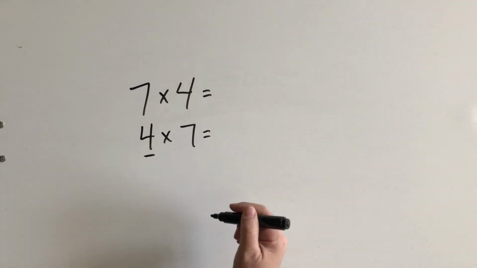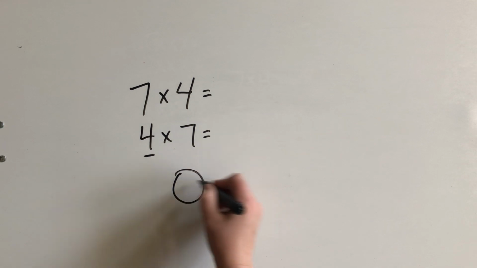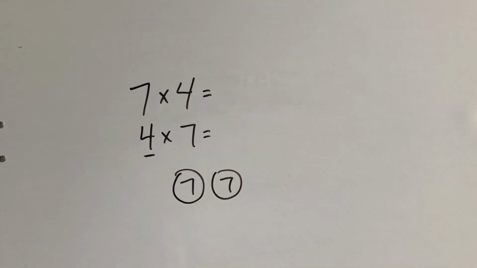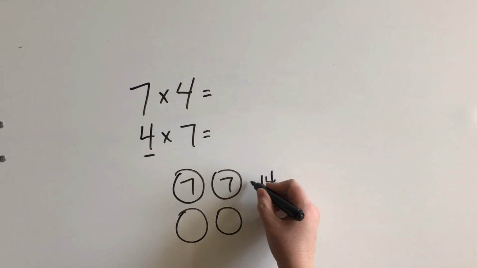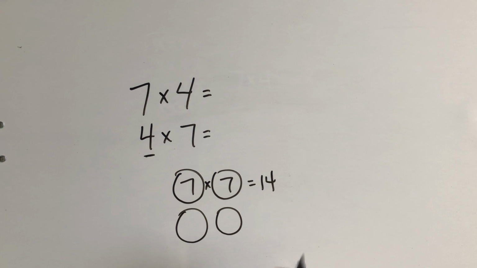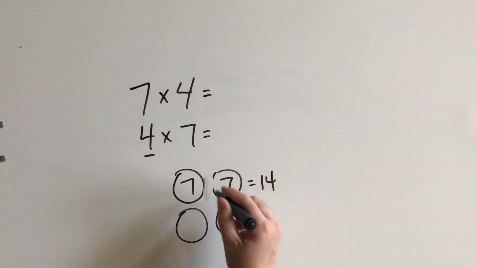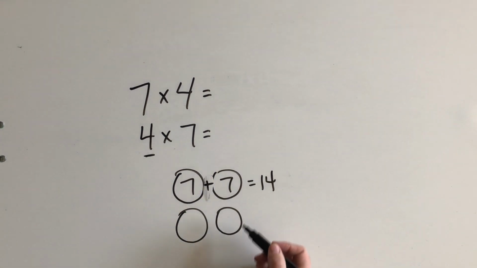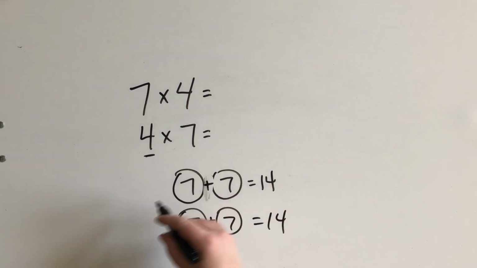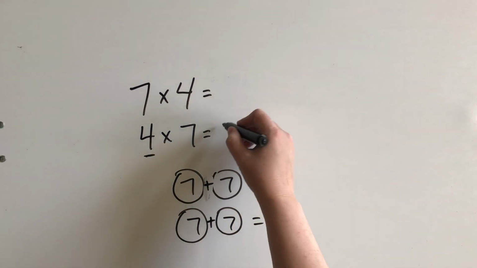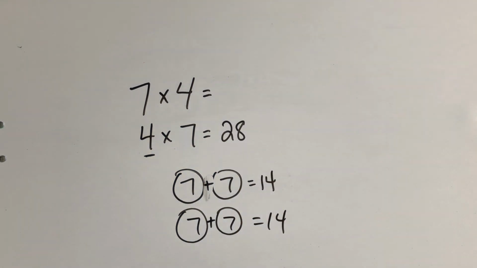So 4 times 7, I could think first of the double of 7, right? 2 groups of 7 makes 14. And if I do another 2 groups of 7, I have 14. So I'm basically just doubling the double. So I have 28. That's another way that I could solve a sevens fact.